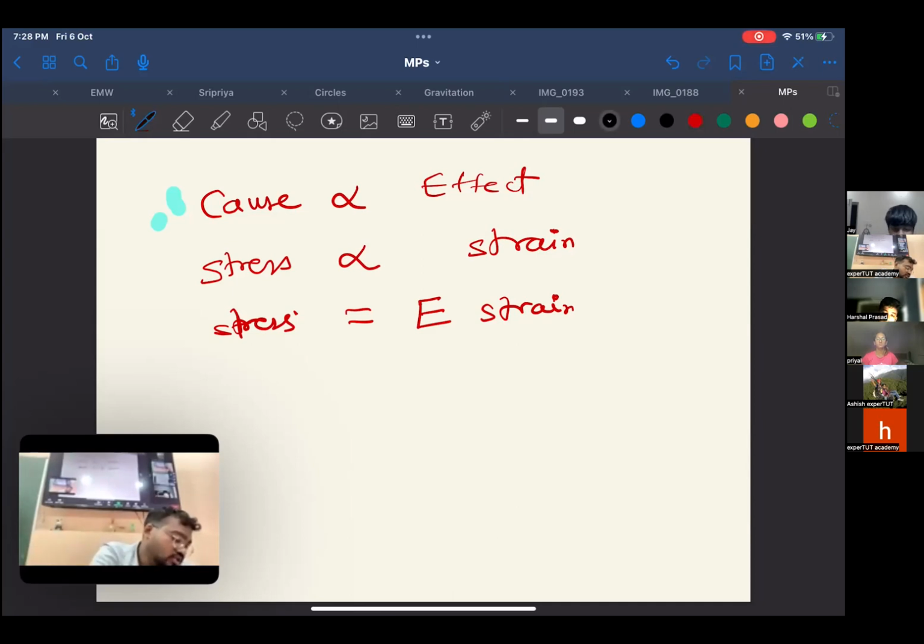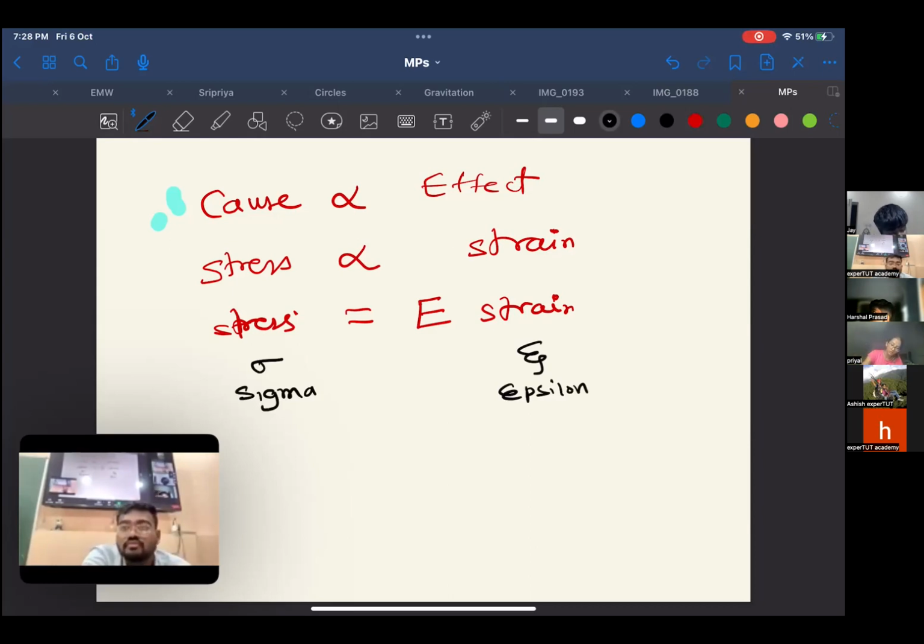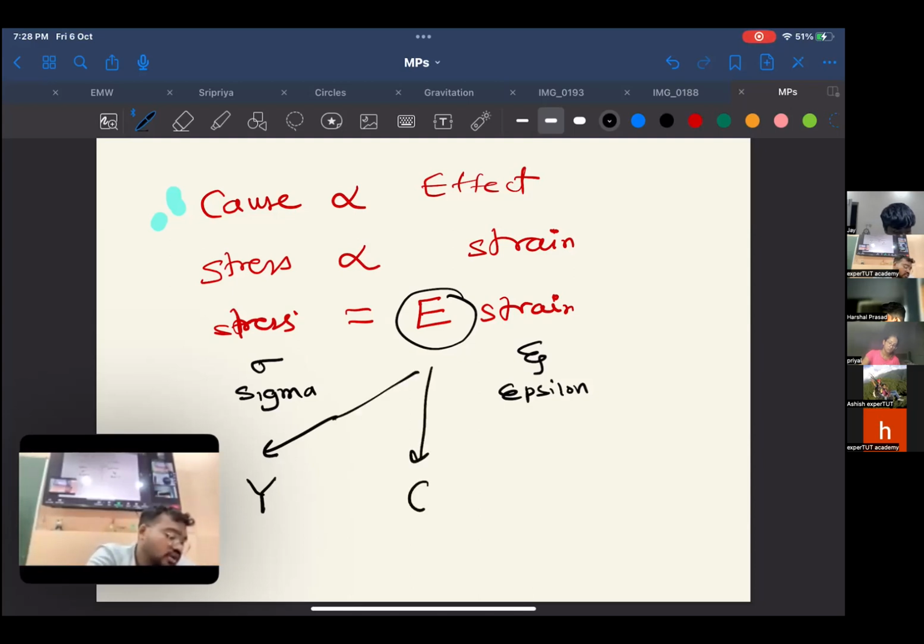Stress is generally called sigma, and strain का general symbol है epsilon, ठीक है? इसको बोलते हैं सिग्मा, इसको बोलते हैं एप्सिलॉन. अलग अलग केस में, for example in longitudinal, ये जो E होता है इसको बोलते हैं Y. In the case of shear it is called G, ठीक है? And in the case of bulk it is called B, ठीक है?